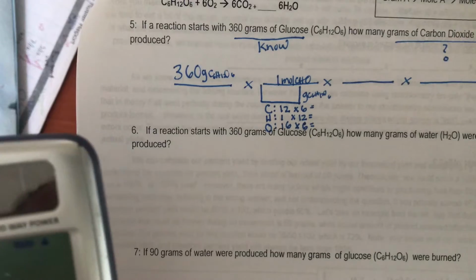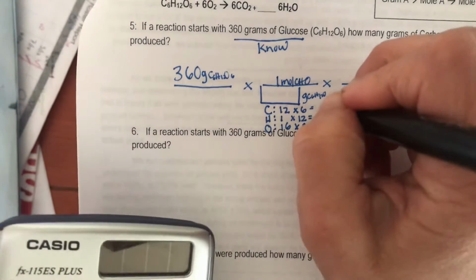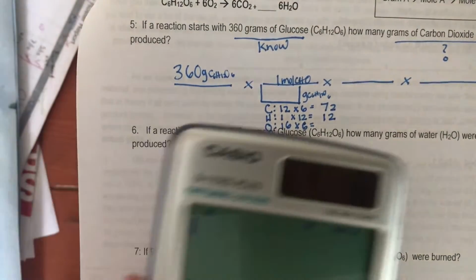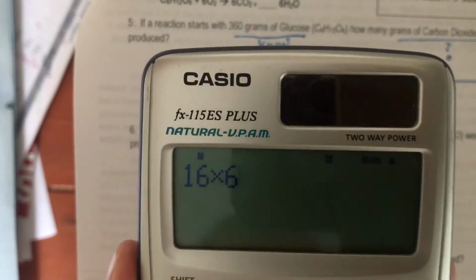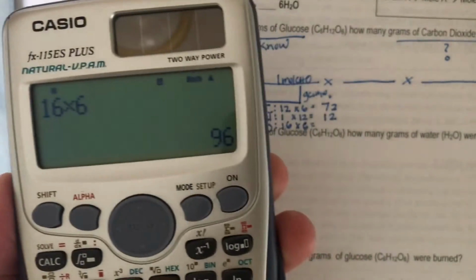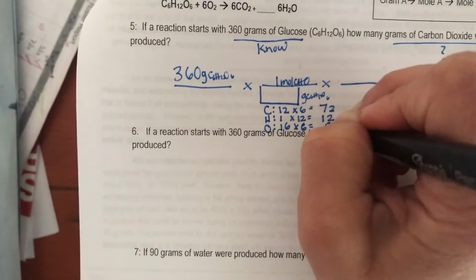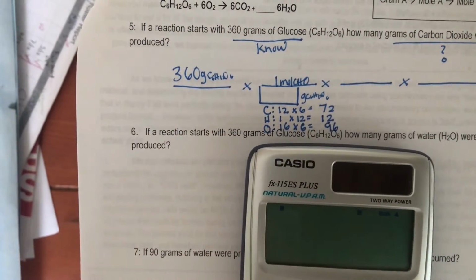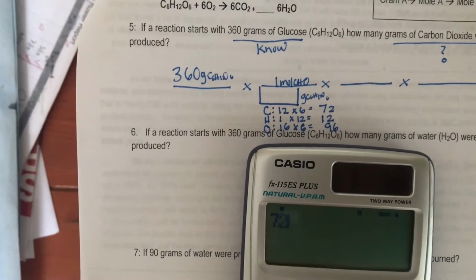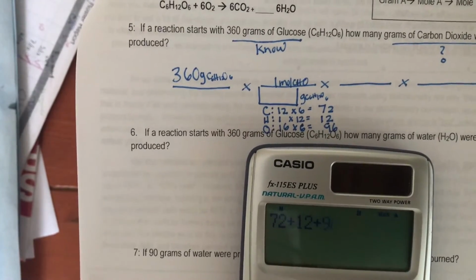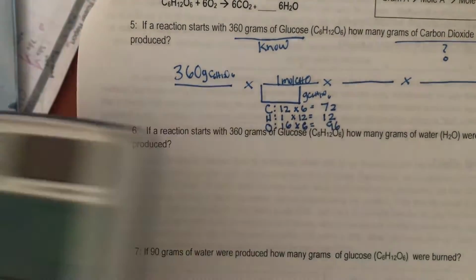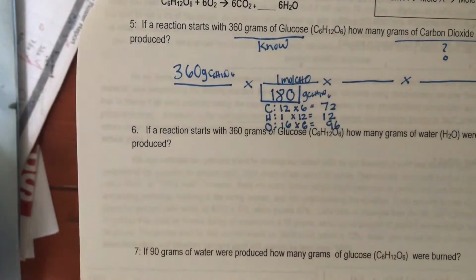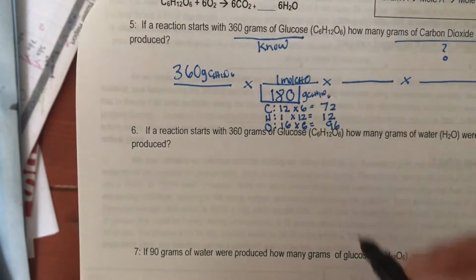So 12 times 6 is 72. 1 times 12 is 12. 16 times 6 is 96. Now I add up those masses to find the molar mass. So I have 72 plus 12 plus 96, which is 180. So I'm going to put 180 down here because that's the molar mass of glucose, C6H12O6.